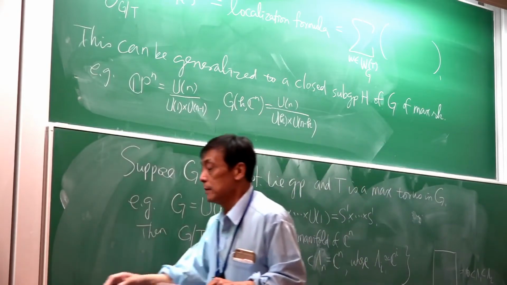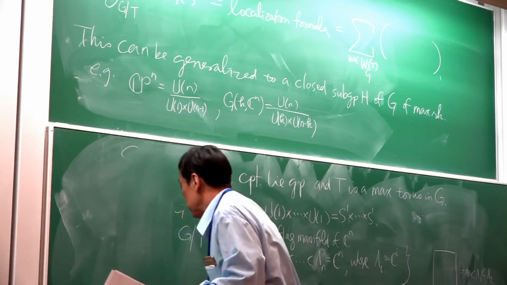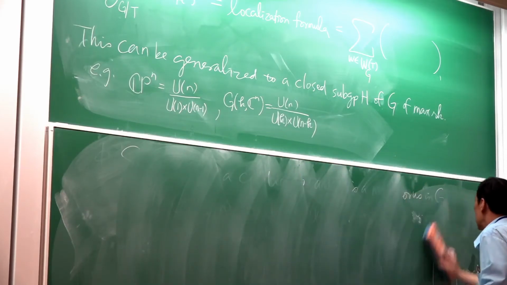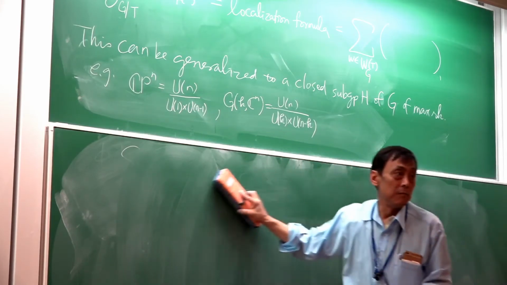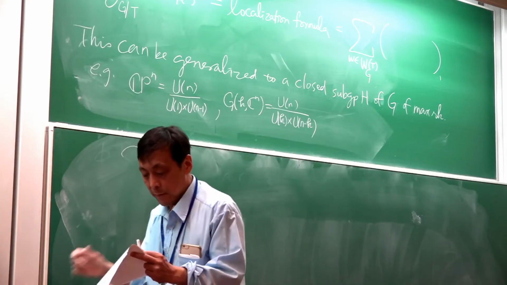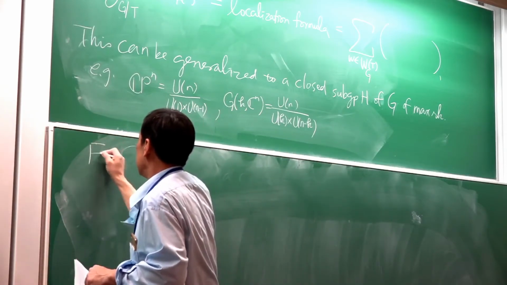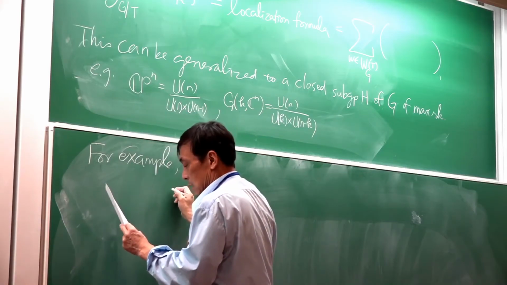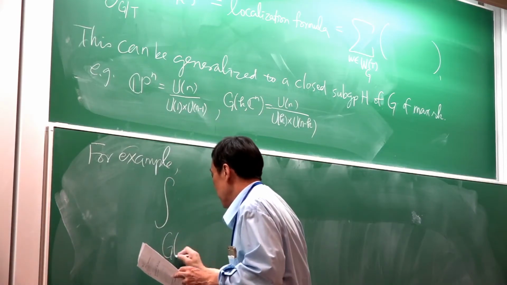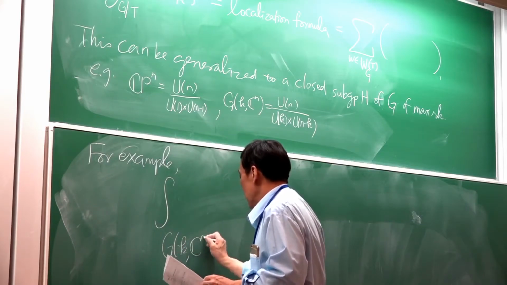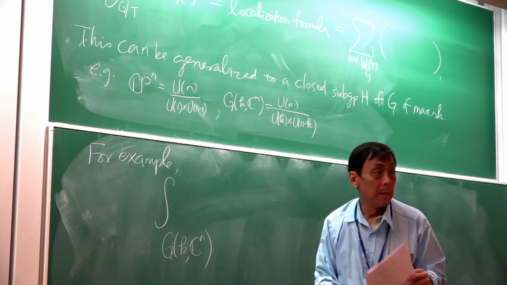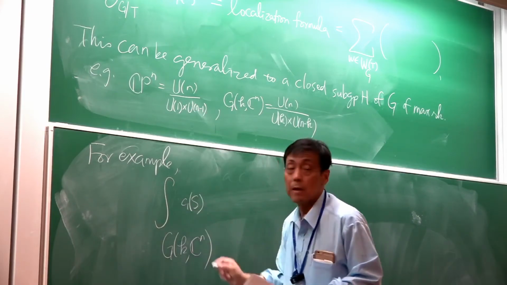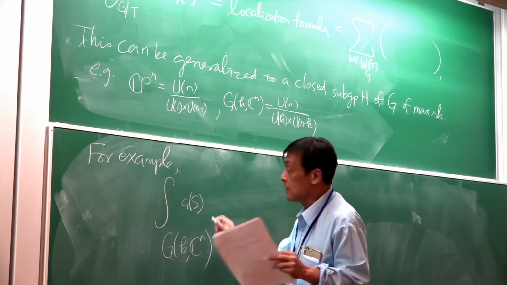Now I actually worked it out for the Grassmannian, so I'm going to write down the formula for the Chern numbers of the Grassmannian that I found. On the Grassmannian, you have universal subbundles, and they have Chern classes.